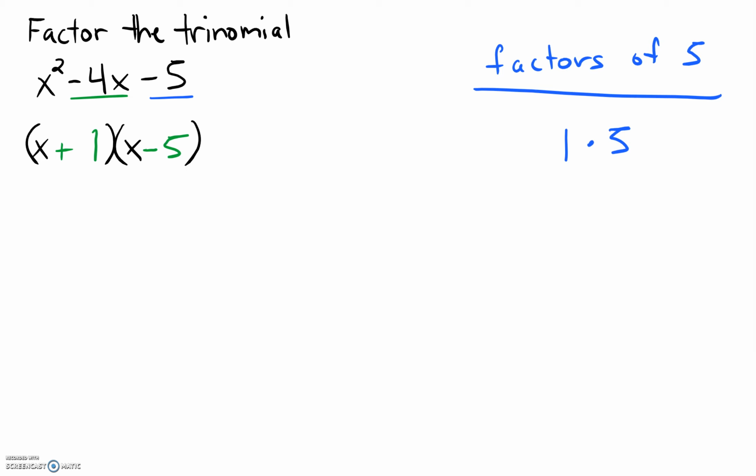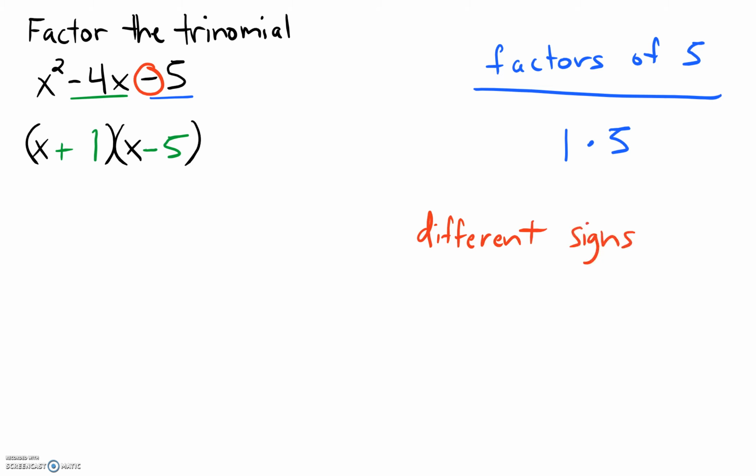If you didn't see the signs, the plus and the minus, and you just put the 1 and the 5, what you would ask yourself is, if we have two numbers multiplied together and it gives us a negative 5, that means one of the numbers has to be positive and the other has to be negative. So this negative sign in front of your constant term tells us that we're going to have different signs, a plus and a minus, or a minus and a plus. Then you just have to figure out which one it is.